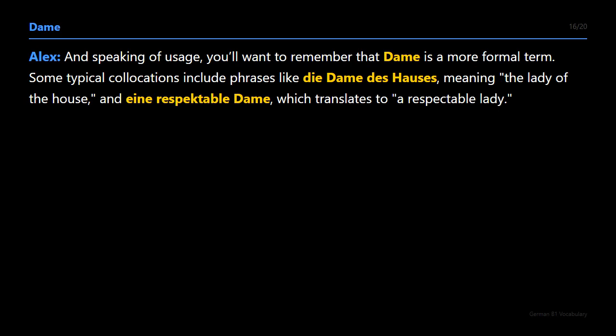Some typical collocations include phrases like Die Dame des Hauses, meaning the lady of the house, and Eine respektable Dame, which translates to a respectable lady.